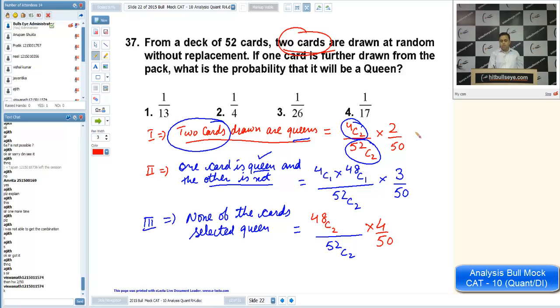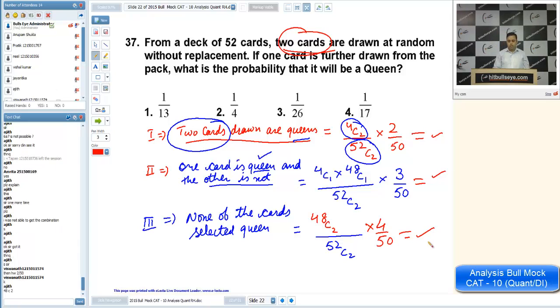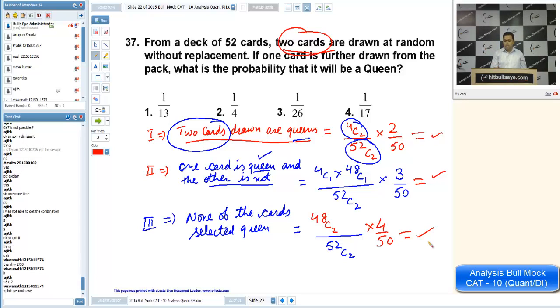Now you have to find the values and just add them up to find the answer, because all these cases are independent of each other. Got it or not? I have left the calculation part. Just solve these 3 expressions.